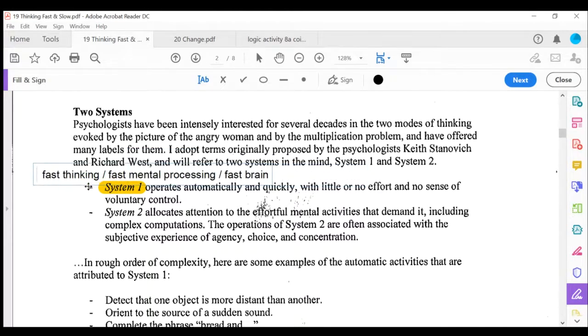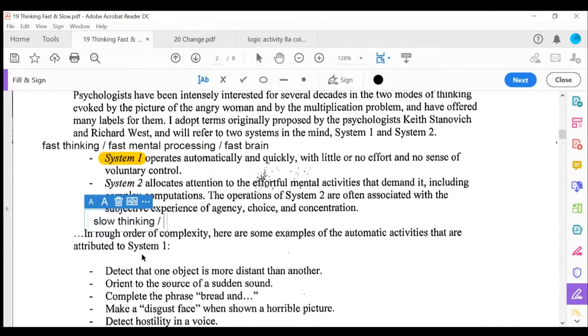All of this system 1 is about the fast stuff. Automatic, quick thinking, little to no effort, no sense of voluntary control. System 2, on the other hand, that's where we're dealing with slow thinking. Another word for slow thinking, slow mental processing, or your slow brain. Neither of these is taken to be either an insult or a positive. We don't think of fast brain as better and slow brain as worse. They're just two aspects of our human psychology.